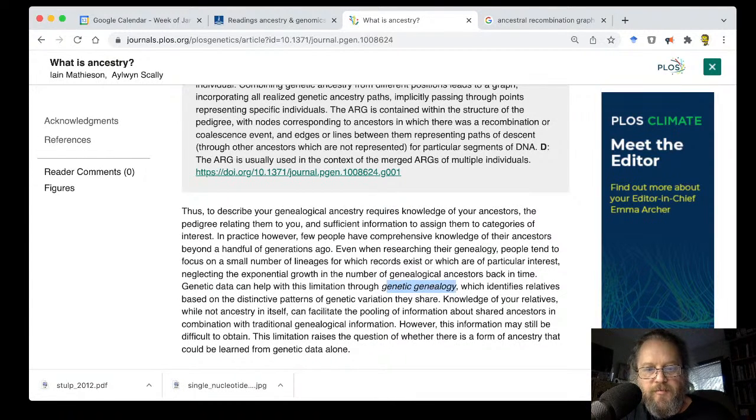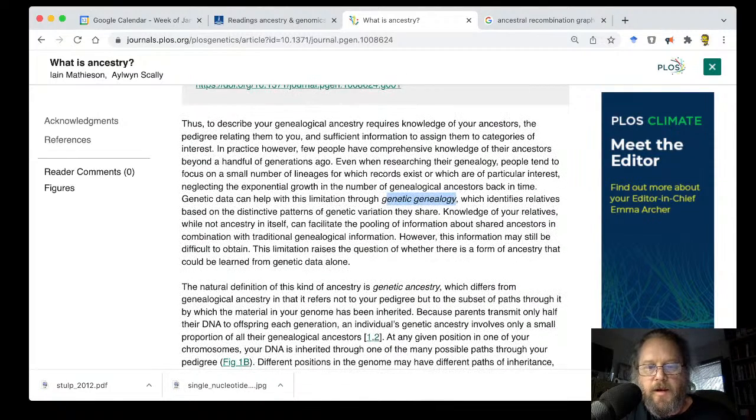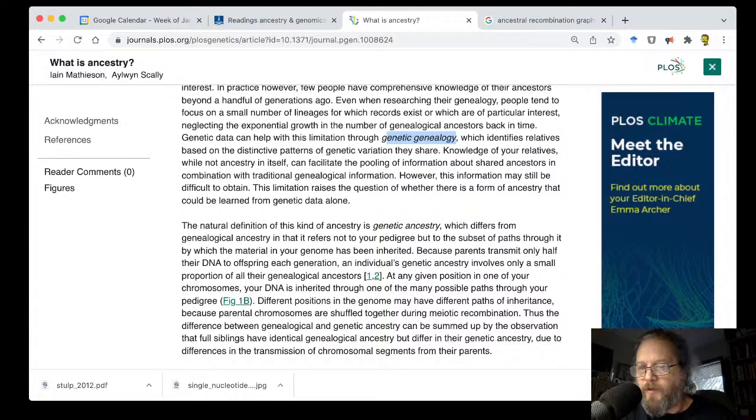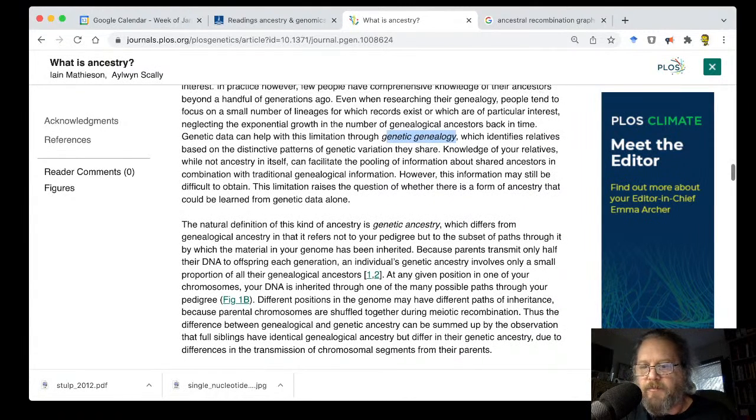It identifies relatives based on patterns of genetic variation that they share. Genetic genealogy flows into the idea of genetic ancestry, simply tracking the pieces of DNA, the haplogroups, which they don't actually use that term, but haplogroups, which are large chunks of DNA that are not recombined between in parents' gametes, so they tend to be inherited as groups, right?